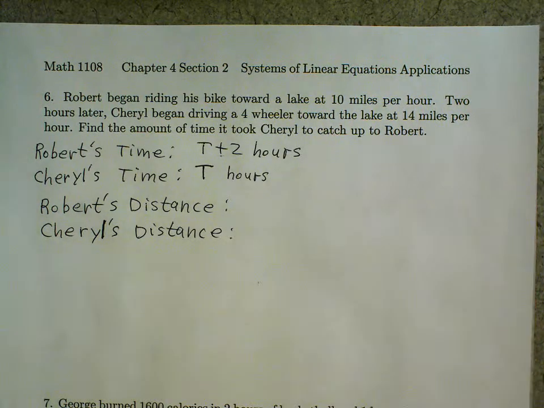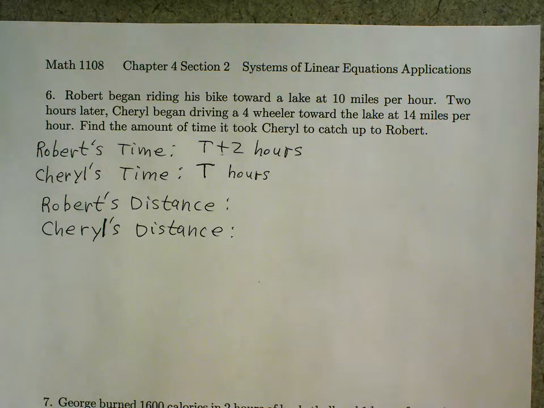Okay, distance is rate times time. So how do we express Robert's distance? Rate times time. What's Robert's rate? 10 miles per hour.